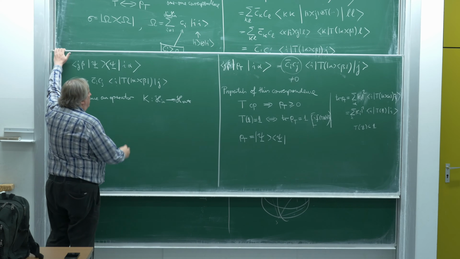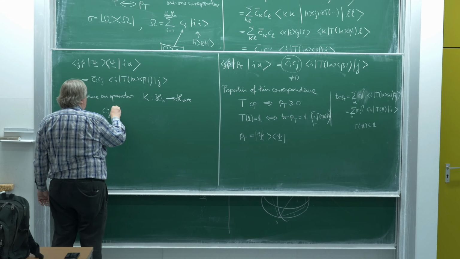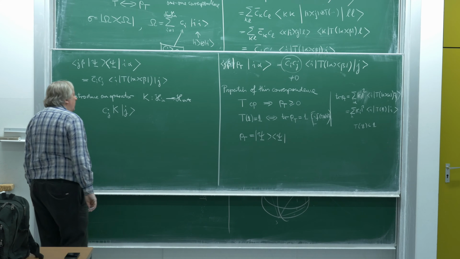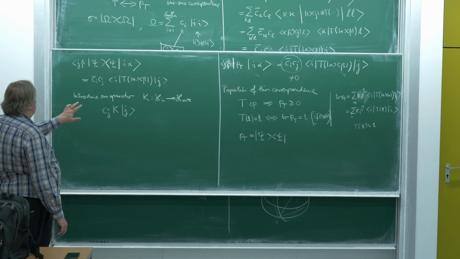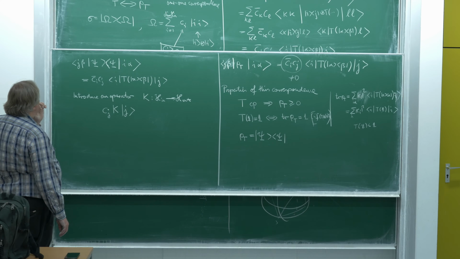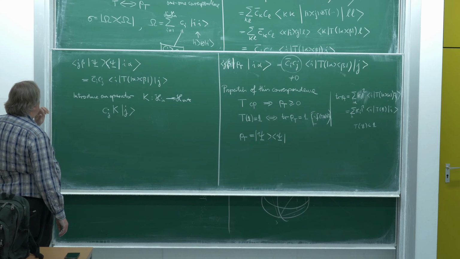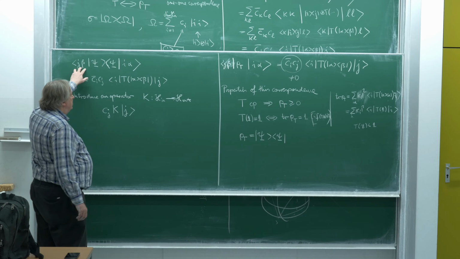And you want that C_j of K applied to any basis vector has the j beta part here.